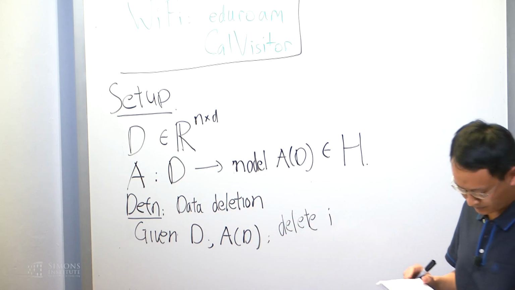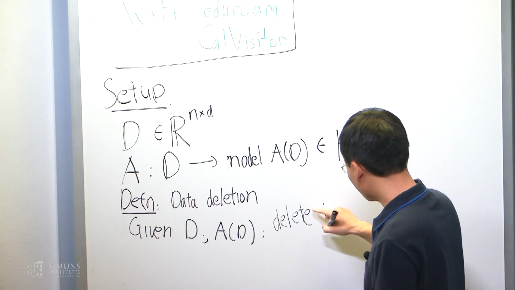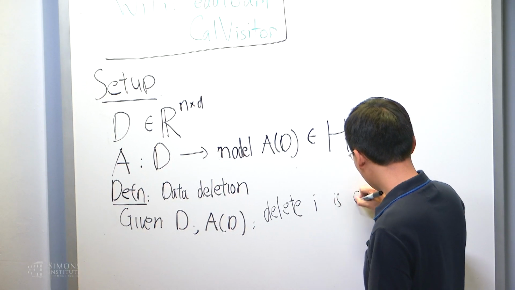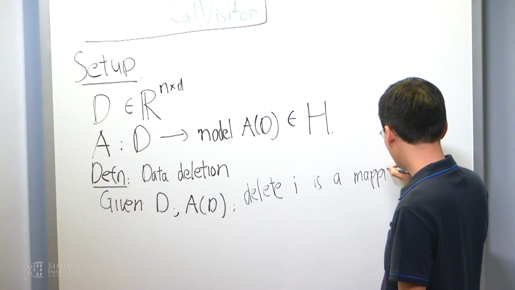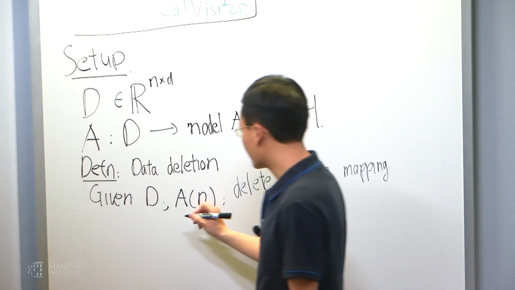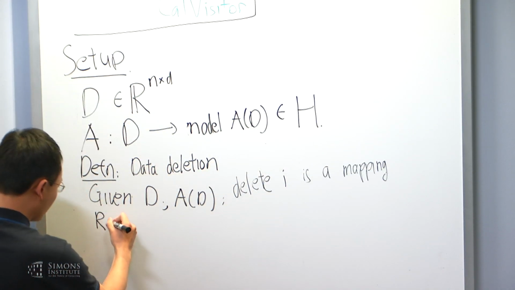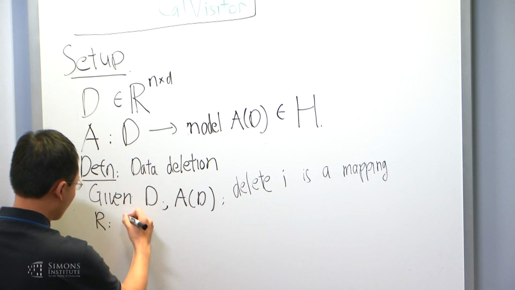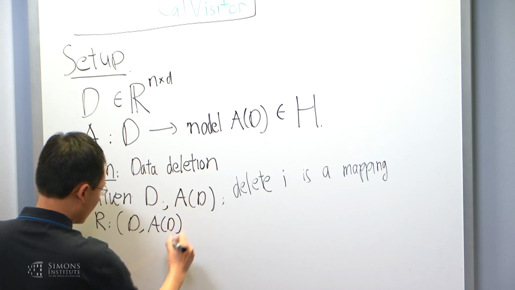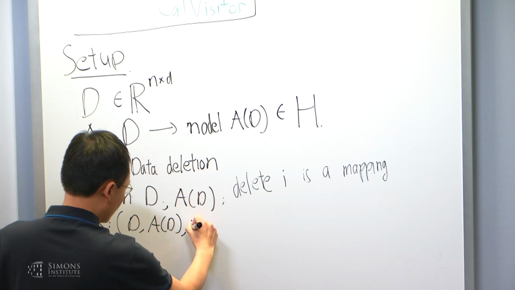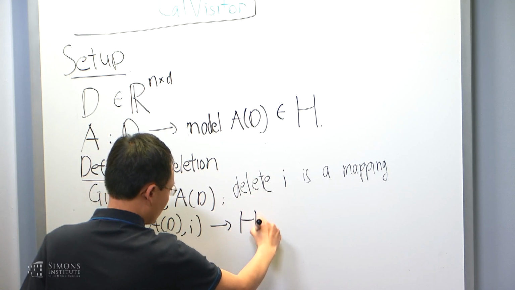Let me make sure I get this notation correct. Delete i is a mapping from my data set, my current algorithm, at this point i, into a new model.